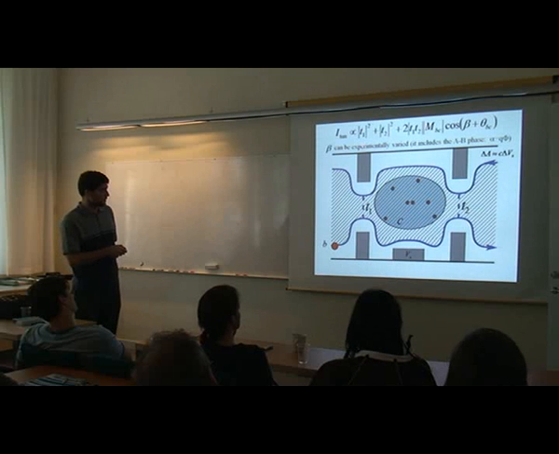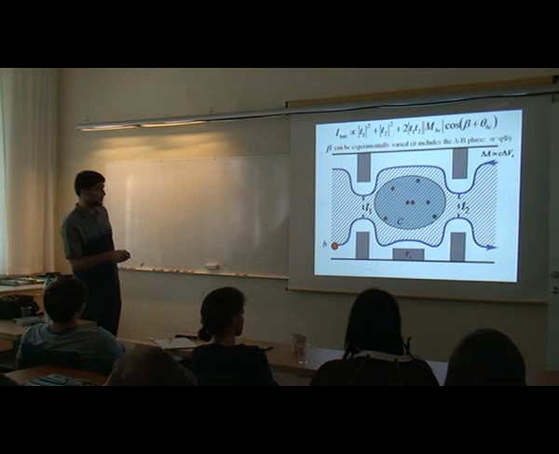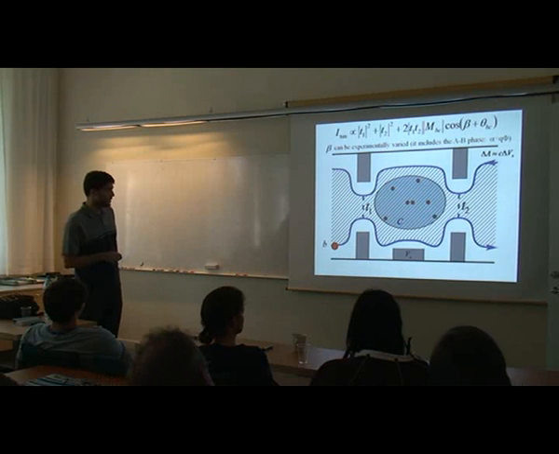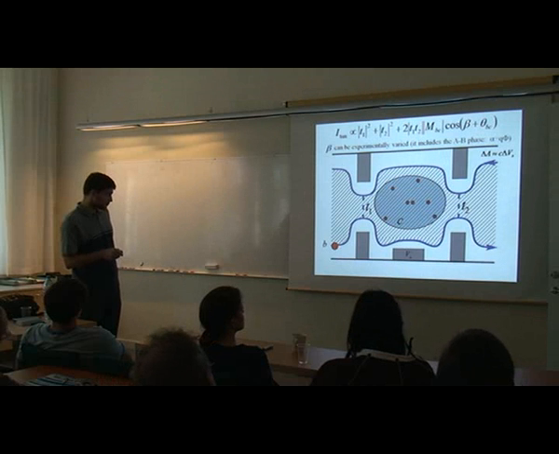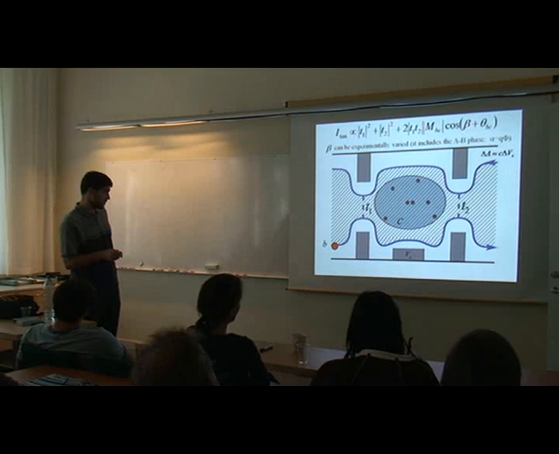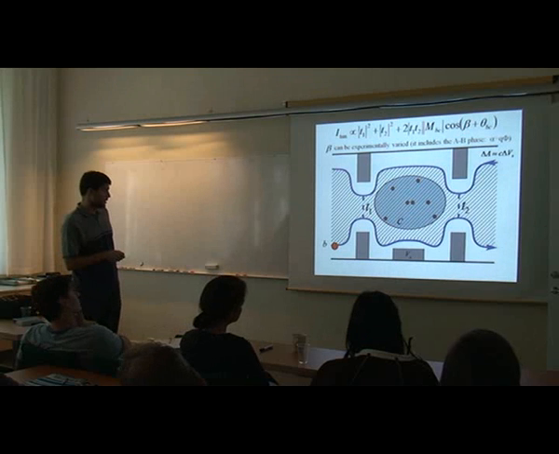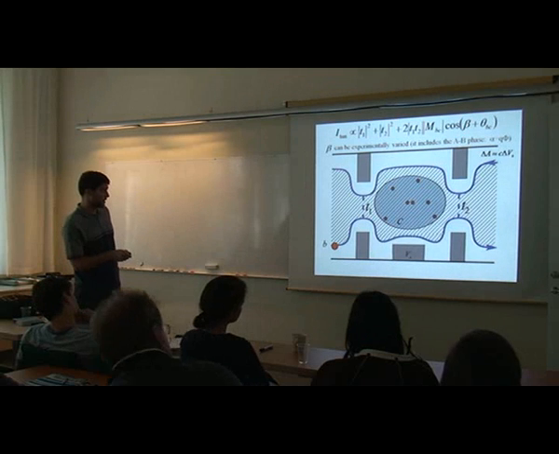You have some amplitude of tunneling at the two different point contacts, and that gives you probabilities plus some interference term, which has part of it that is essentially a phase that can be varied, which is this beta term, which you experimentally vary.